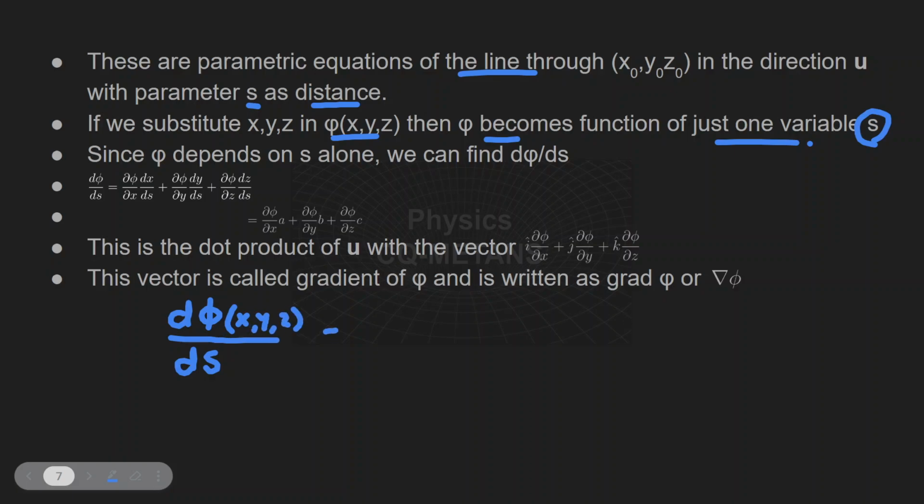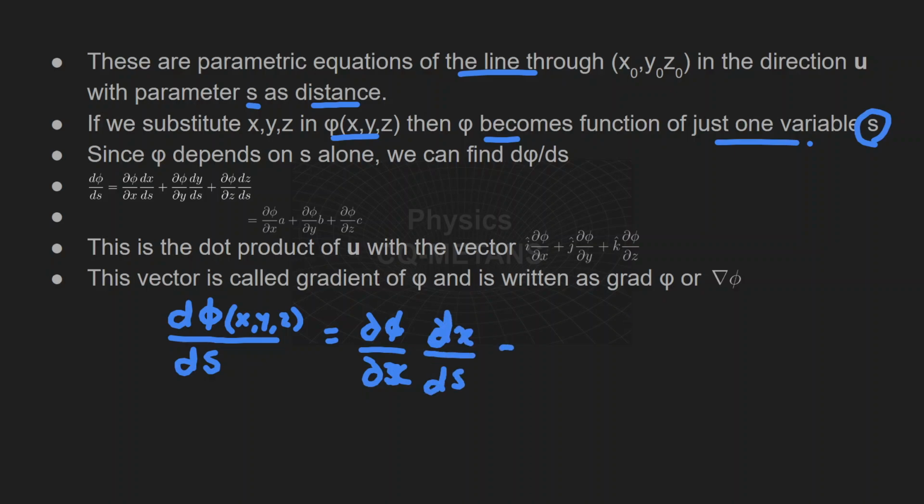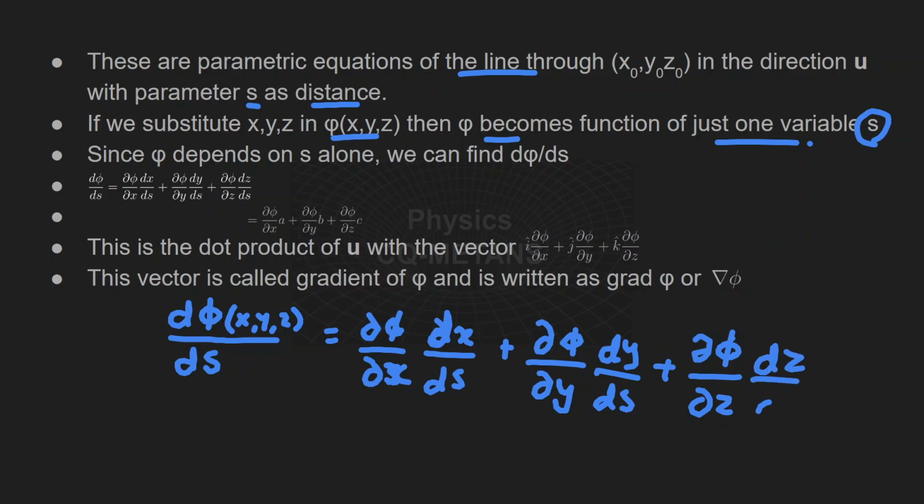So if I do this, I will get ∂phi by ∂x into dx by ds plus ∂phi by ∂y dy by ds plus ∂phi by ∂z dz by ds. This is what we get.